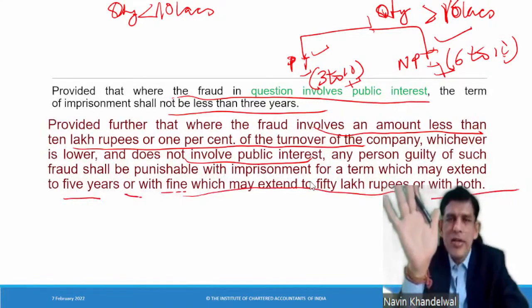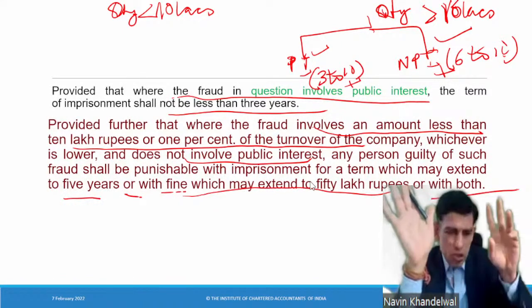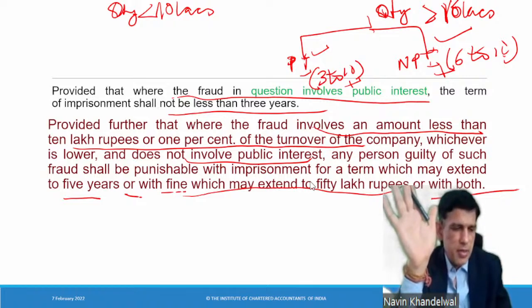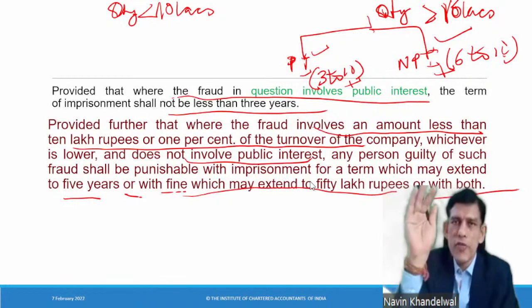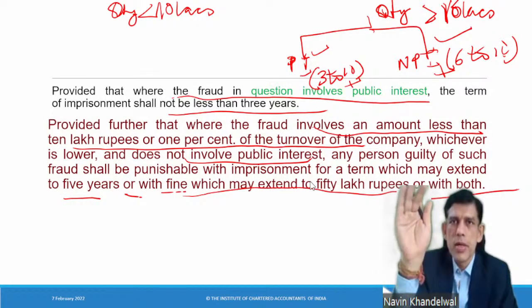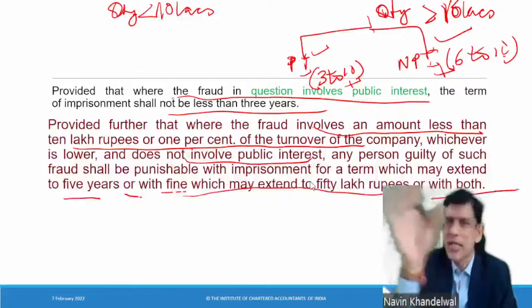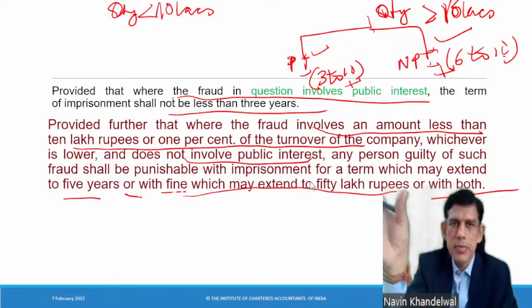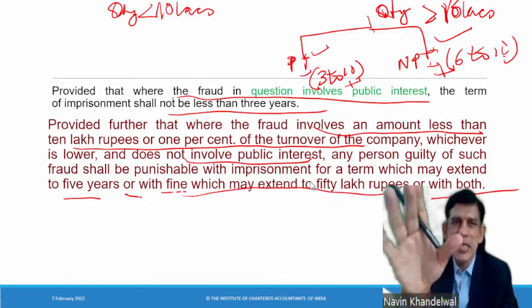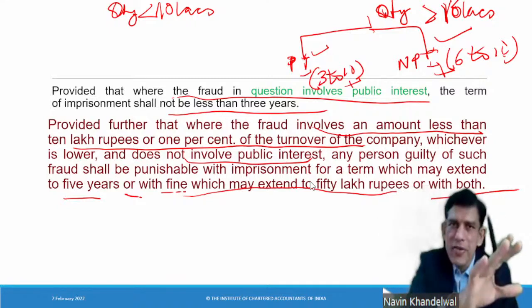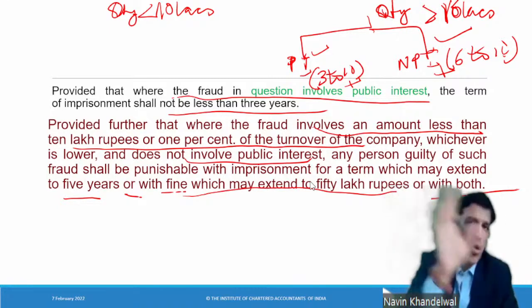So 447, I think, clearly defines three situations, friends. First, quantify the amount, less than 10 lakhs, more than 10 lakhs, and the turnover criteria. That is the first step. Second step, if it is less than 10 lakhs and no public interest.